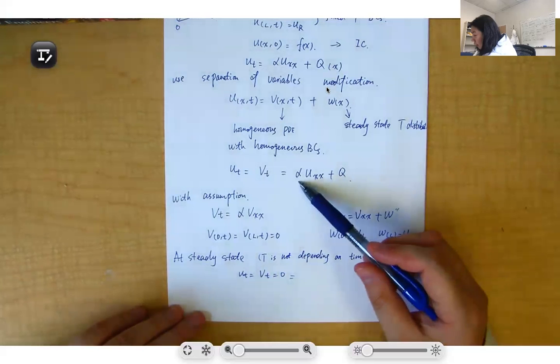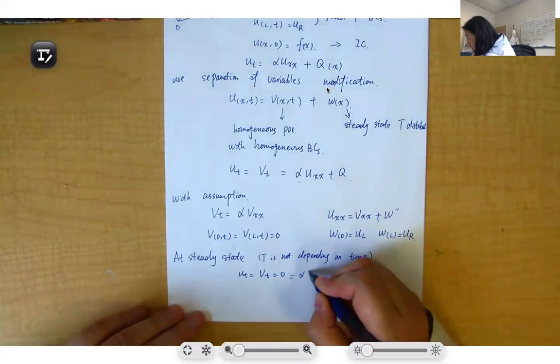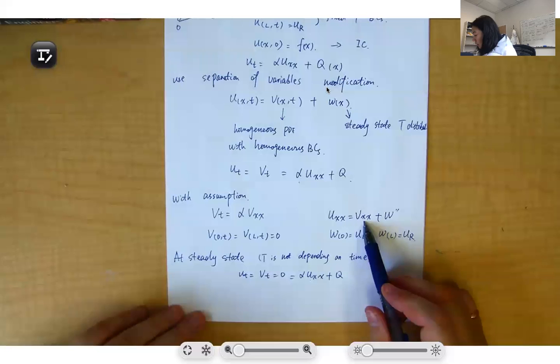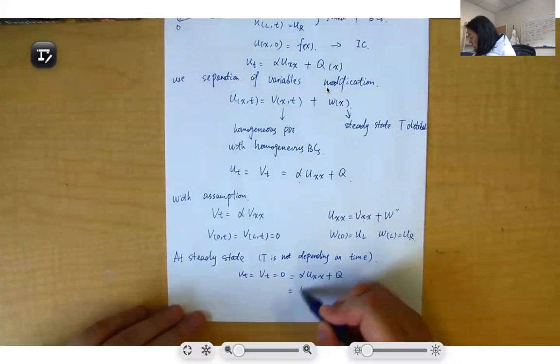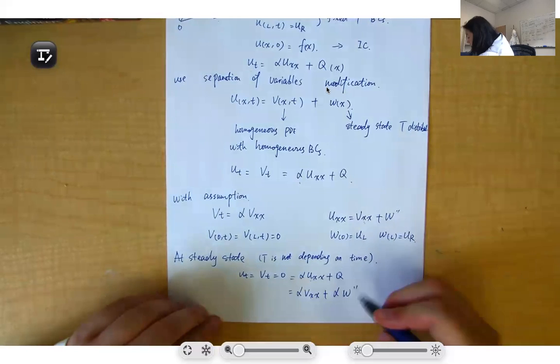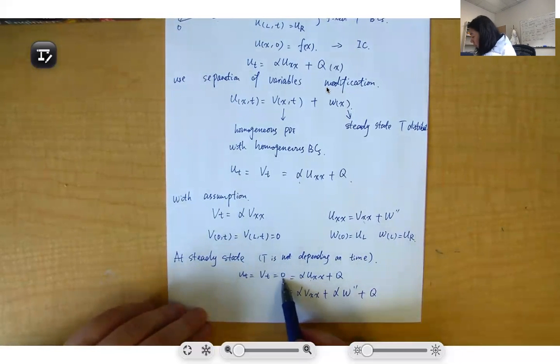It's alpha u_xx plus Q, right? What is u_xx? It's v_xx plus w double prime. So it's alpha v_xx plus alpha w double prime plus Q. And this equation will become 0.